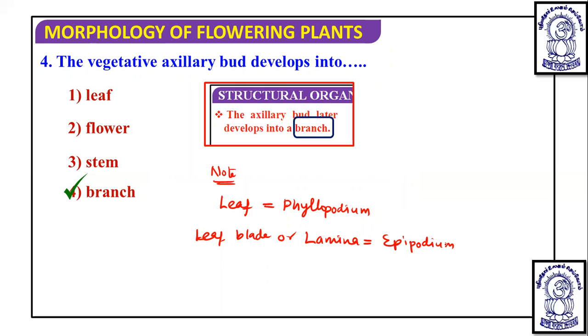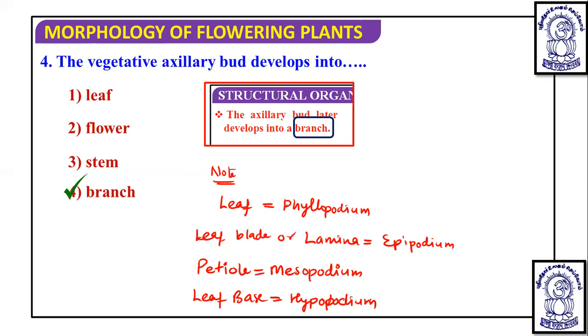Then petiole is mesopodium, and leaf base is also known as hypopodium. So epipodium is lamina, mesopodium is petiole, and leaf base is hypopodium. Okay, and the functions we have discussed already.